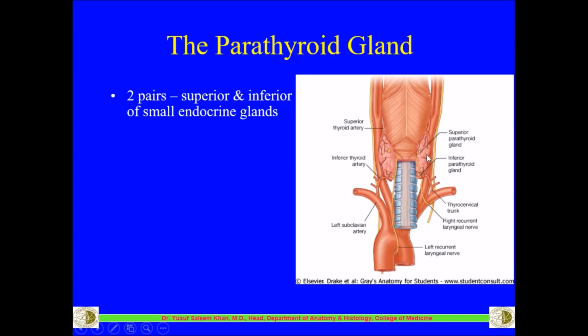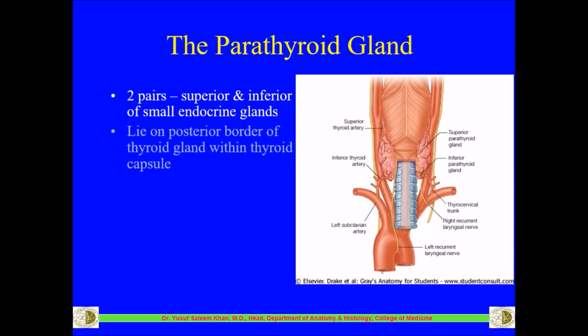So a pair of superior as well as a pair of inferior parathyroid glands, which are very small endocrine glands, will be present on the posterior border of the thyroid lobes, and within the thyroid capsule itself. So they will be embedded deep inside the tissue of the thyroid gland, on the posterior border of each lobe.